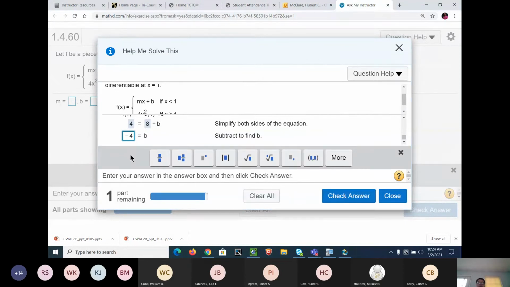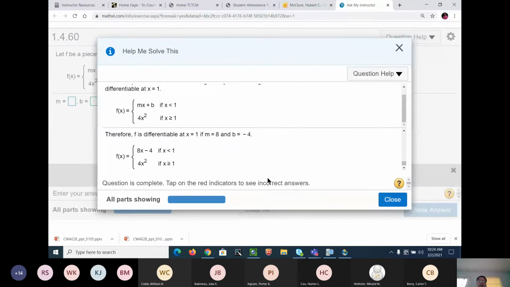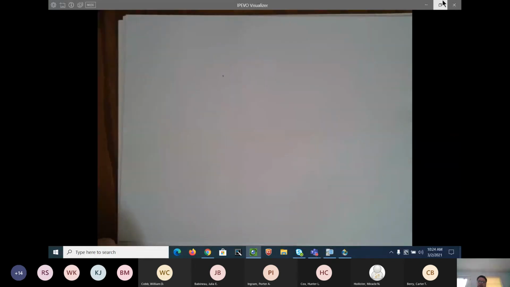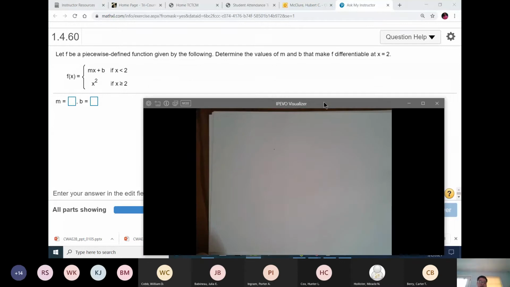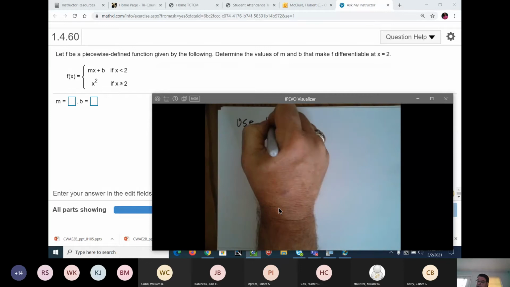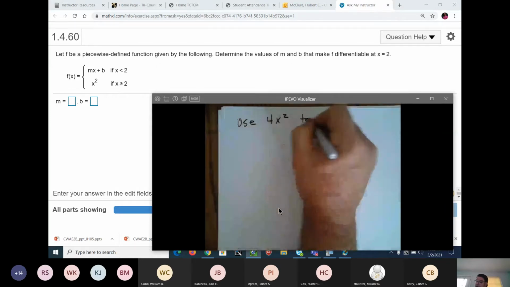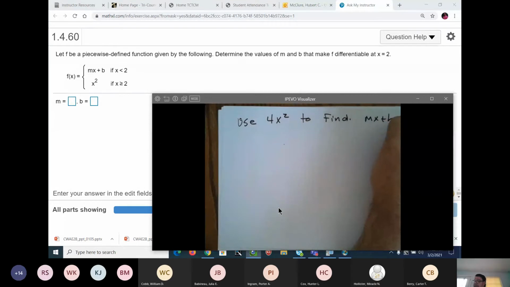Yeah, they're telling you, yeah, that's what they're doing. You're trying to find, okay, this is what they're telling you to do. Use 4x squared to find mx plus b.